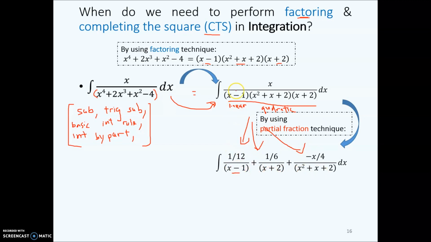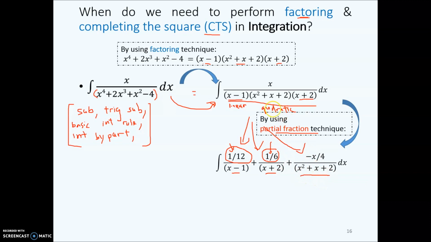You can see x minus 1 is from here, it can be separated out, and you just have to find out what the unknown constant is. If we perform the partial fraction technique, you should be able to find the constant to be 1 over 12. For the x plus 2 linear factor, the constant that you should be able to find is 1 over 6.